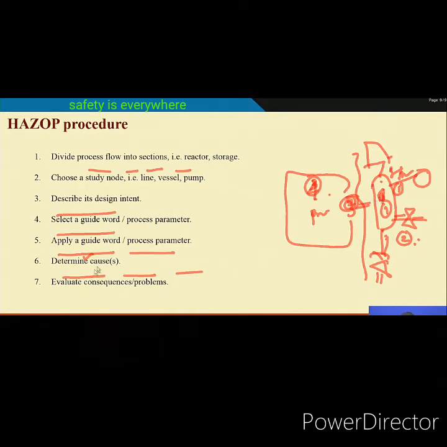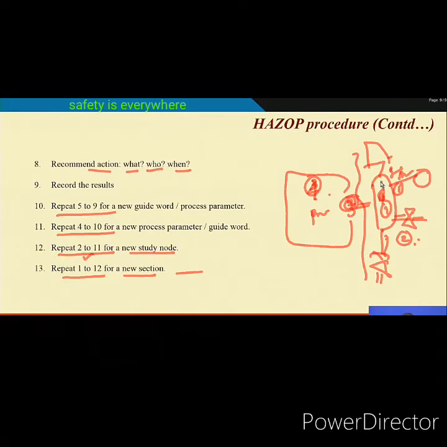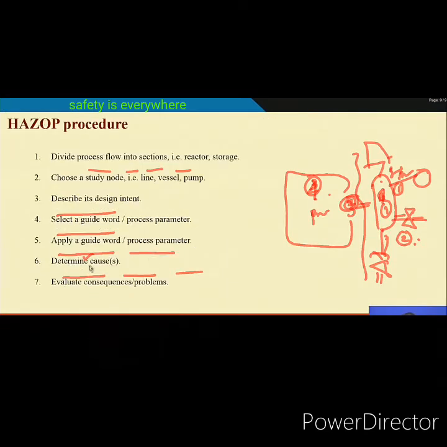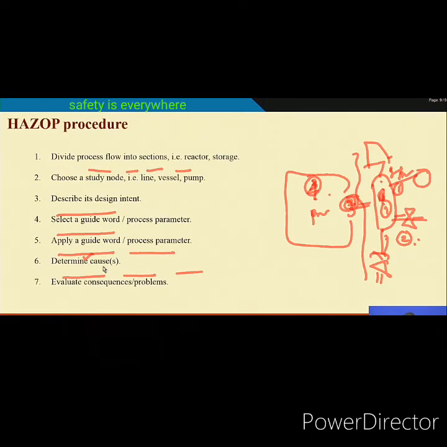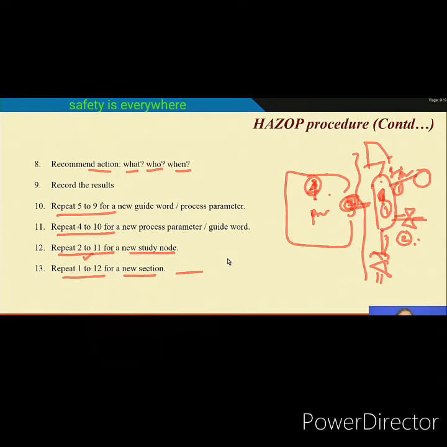If it is high pressure, determine the causes. If overpressure is there, what will be the consequence? I said tank rupture, and in this way you recommend what to do and record the result.